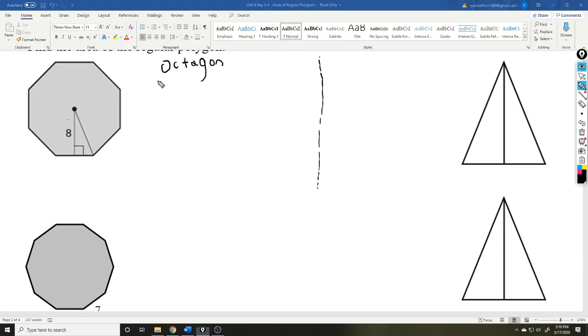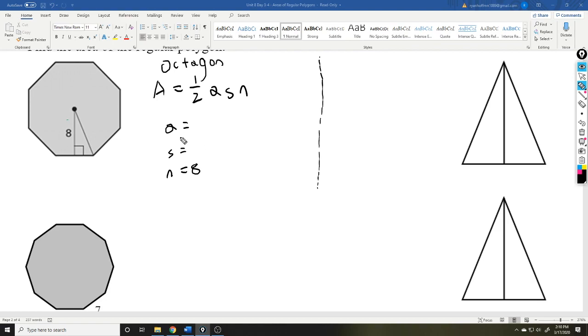Octagon, and our area is 1/2 ASN. So we need to find each of these parts. Well, it's an octagon, so we know how many sides it has.